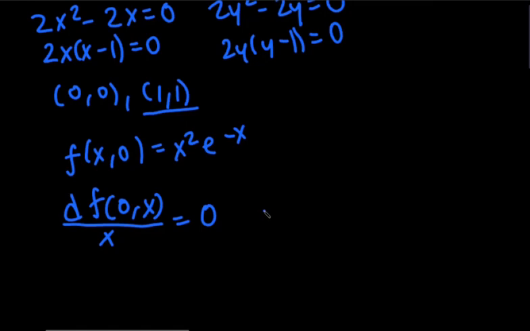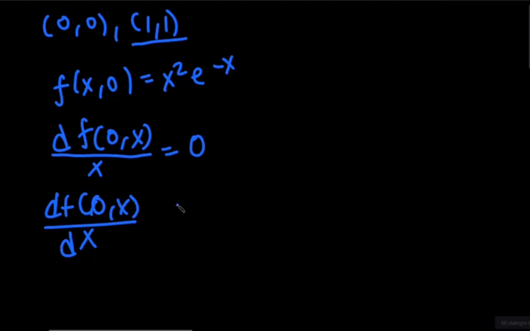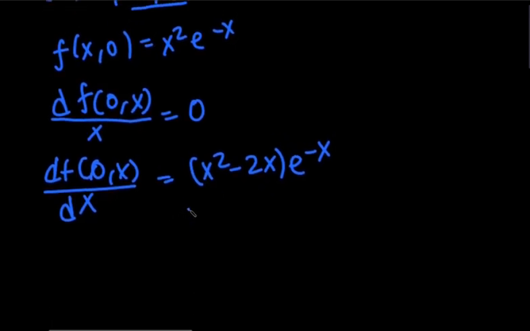So let's take the derivative with respect to x, this should be equal to 2x minus x squared multiplied by e to the power minus x, right? It's a good function. So then we set this equal to 0, and like last time we'd obtain x times x minus 2 equal to 0, so x is equal to 0 and x is equal to 2.